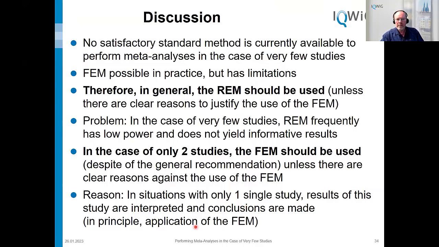In principle, this is an application of the fixed effect model. And simply because you have 2 studies, to switch from the fixed effect to the random effects model, this step seems to be much too large. We are doing this step from 2 to 3 studies, but not from 1 to 2 studies. This is the reason why we use, for practical reasons, the fixed effect model as standard approach in this situation of only 2 studies.